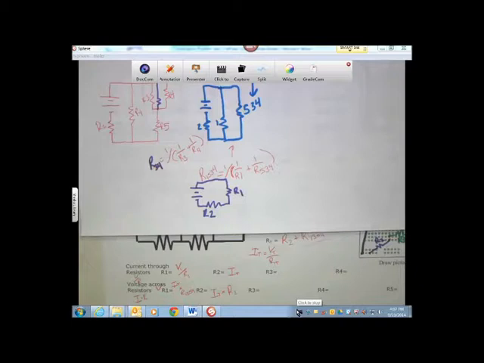So as I said before, I can see that R1 is in parallel to R5, 3, 4. And I'm going to go ahead and draw it. Now that I've removed R2 from the equation by determining what its voltage drop was as compared to the rest of my circuit, I can go ahead and take it out of the circuit entirely if I want to make it a little bit easier to look at.